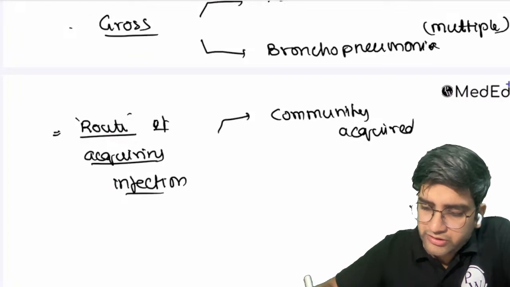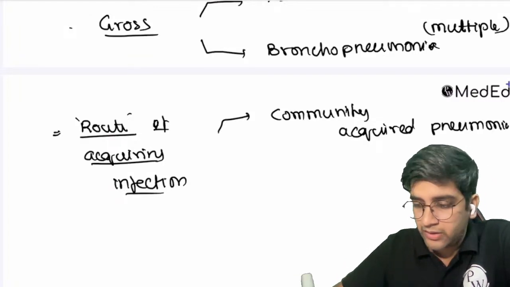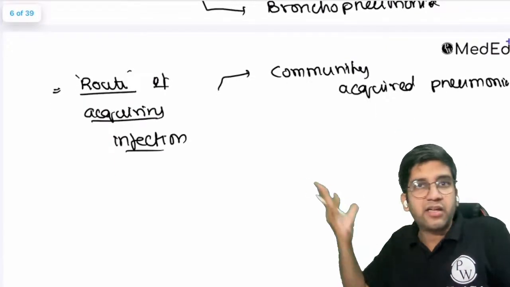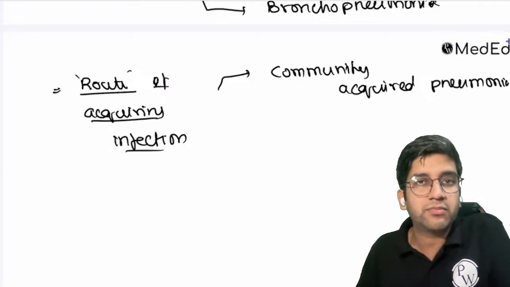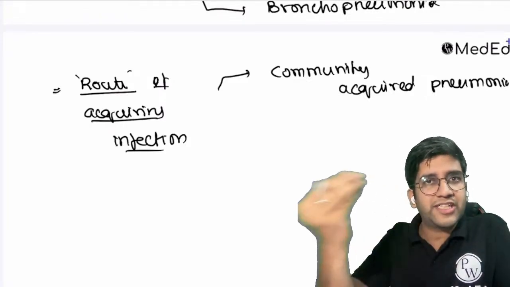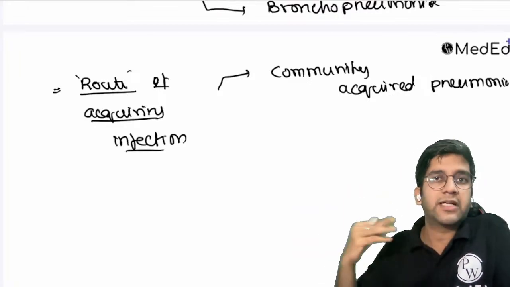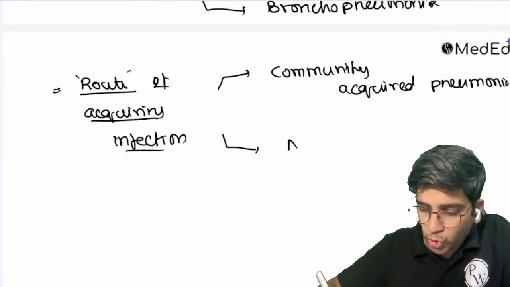It's a very broad term. Let's say I have a friend of mine who has a lung infection. I speak with them, I stay with them. There's a possibility the person will cough, and the organism from them can come to me. Community acquired.